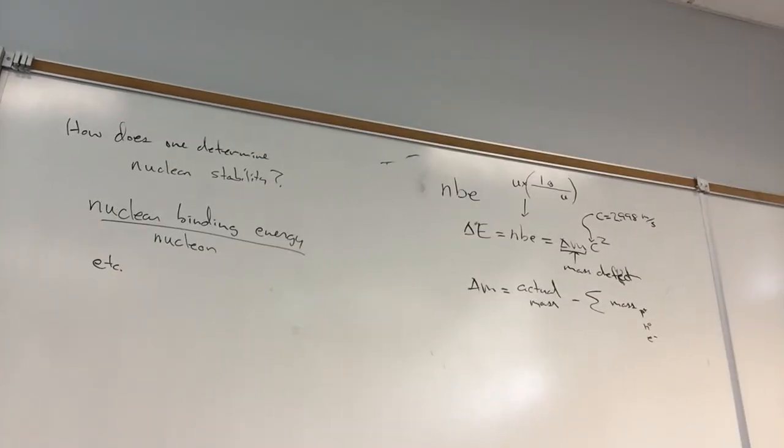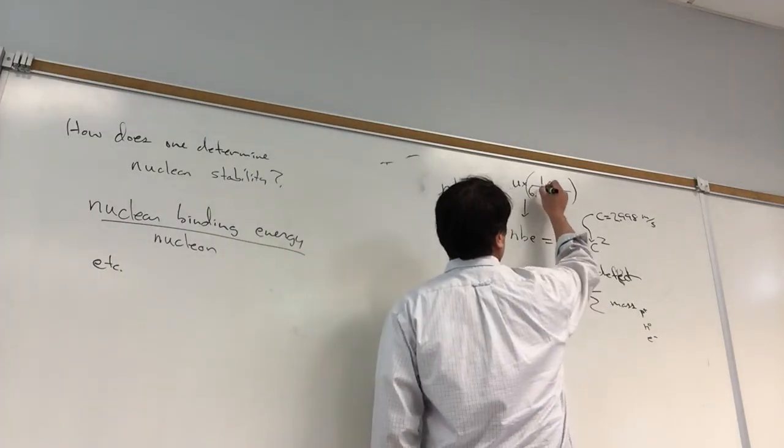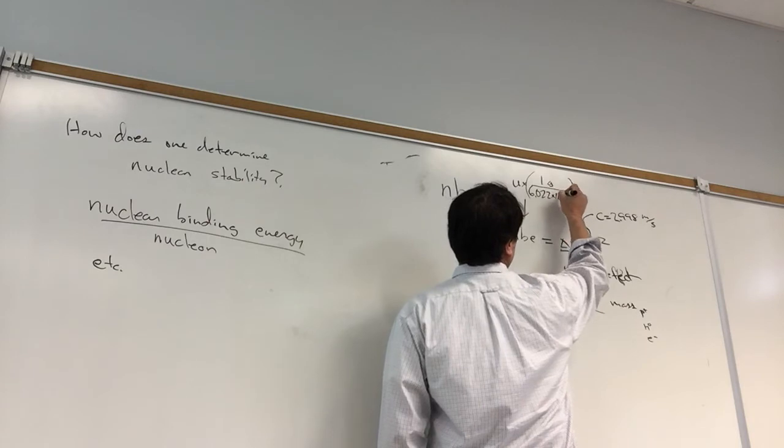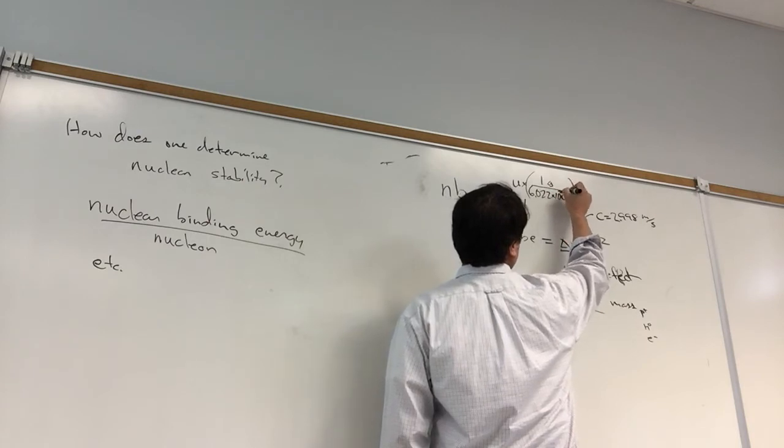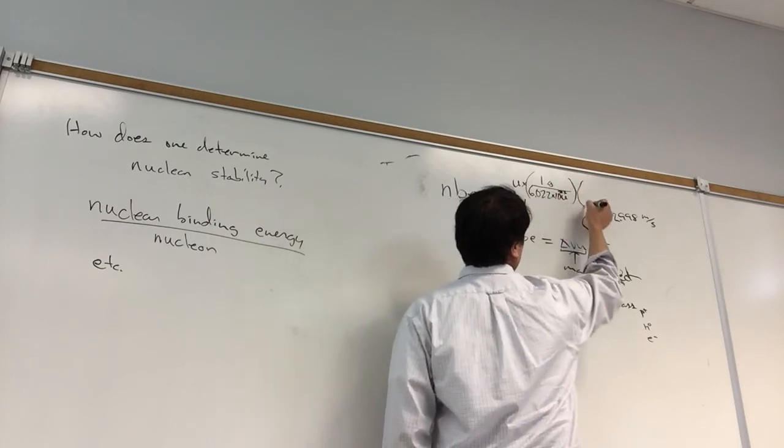The reason everybody should know, you should either be able to derive this easily based on the definition of the mole and the definition of the U, but there's no point in deriving it because it's so easy to remember. How many U are in a gram? Avogadro's number. 6.022 times 10 to the 23rd U for every gram.